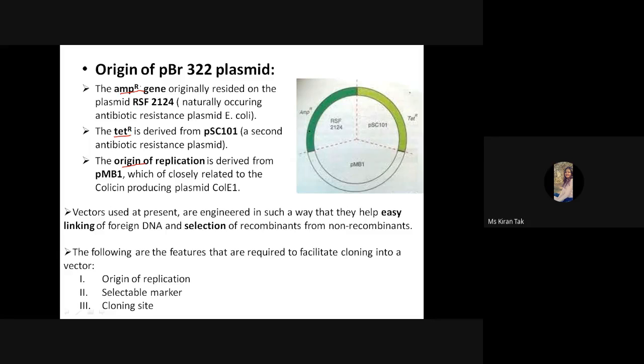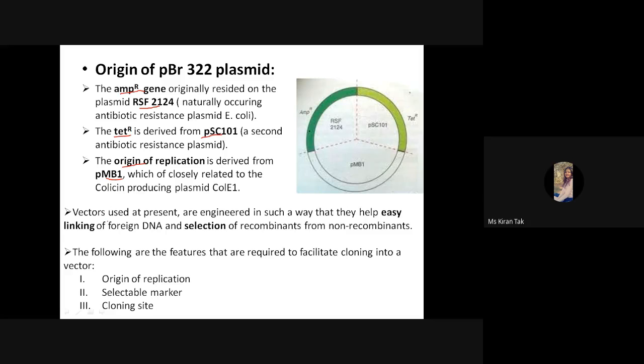The ampicillin resistance gene is derived from the plasmid RSF2124, which is present in E. coli. The tetracycline resistance gene is derived from pSC101, and the origin of replication is derived from pMB1, which is closely related to ColE1 that helps in the production of colicin.